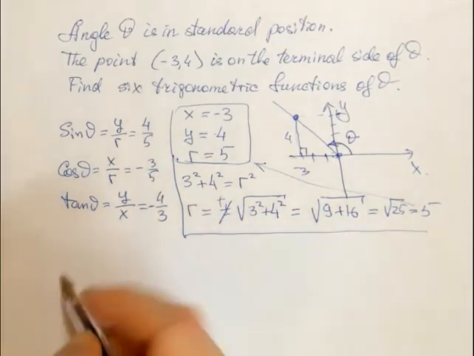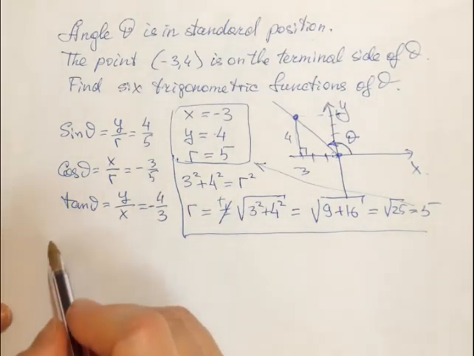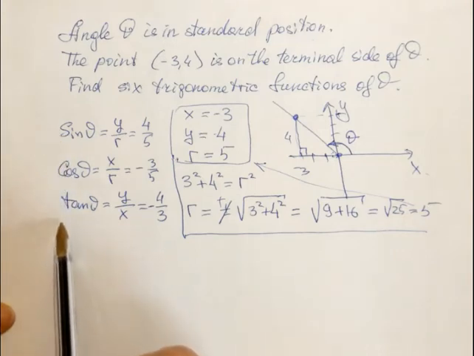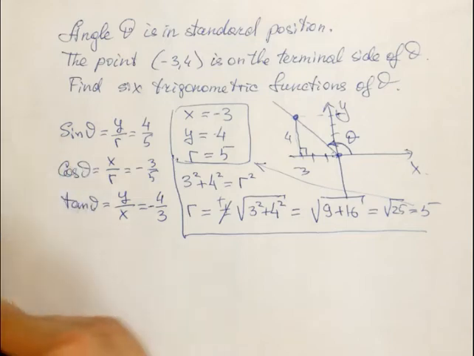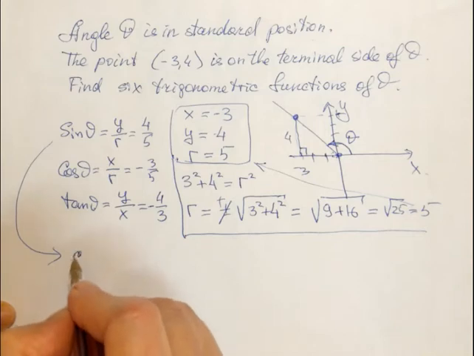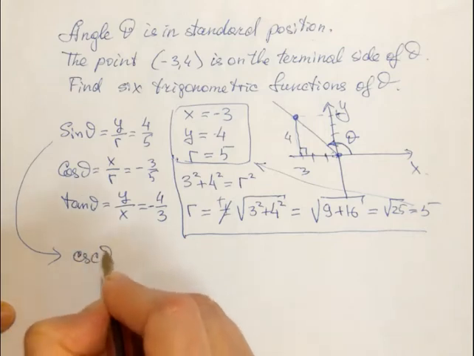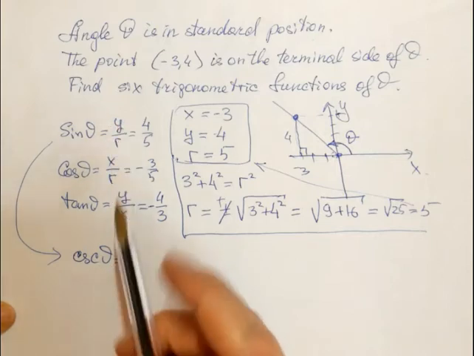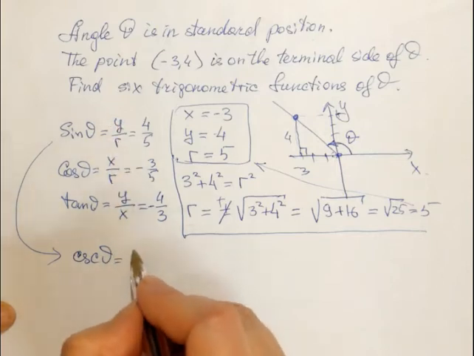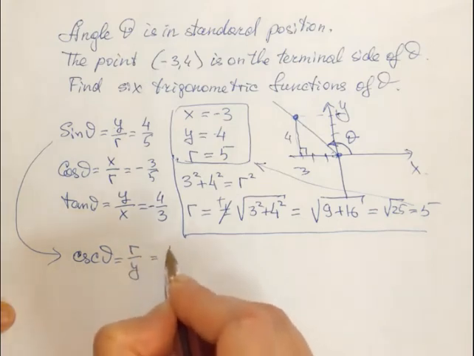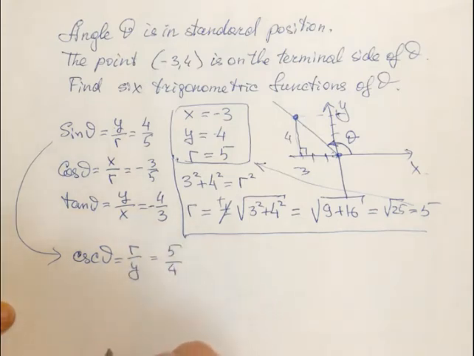I prefer not to remember the definitions for the other three functions, but to use the reciprocal identities. The reciprocal of sine is cosecant of theta. If sine is y over r, then cosecant is r over y, or 5 over 4.